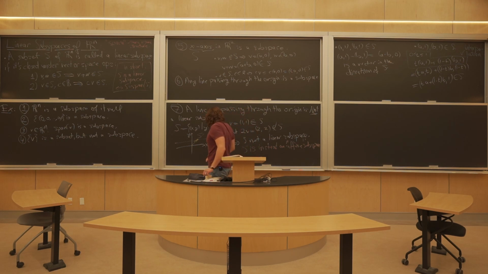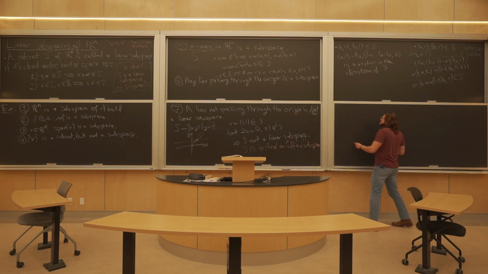Let's look at more examples. For instance, if I have a linear system of equations whose right-hand side is 0, then its space of solutions, right? So its set of solutions is a linear subspace.